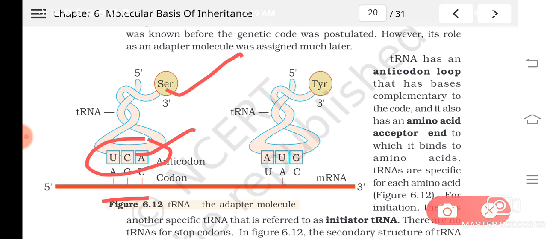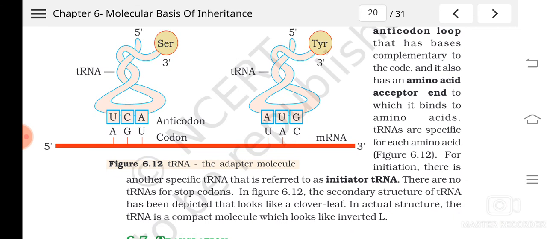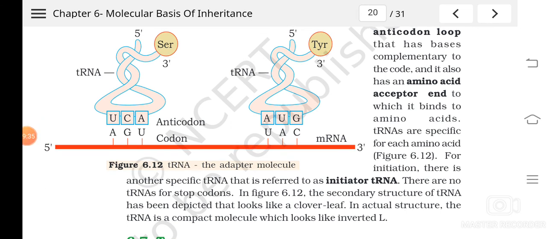They are very specific. If 20 amino acids are there, there will be 20 different tRNAs. Understood? And there will be an initiator tRNA, which codes for what? Methionine. So like this, there are different kinds of tRNA.